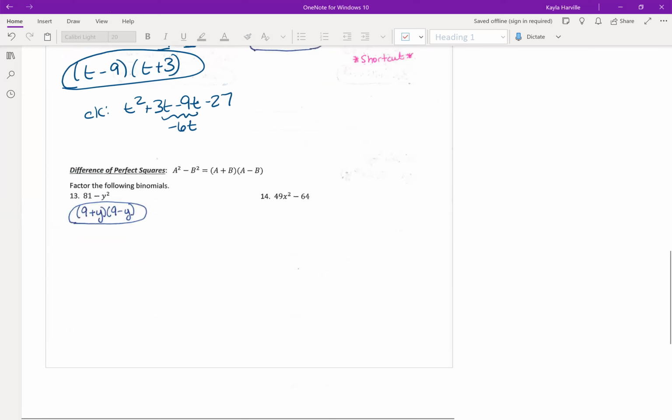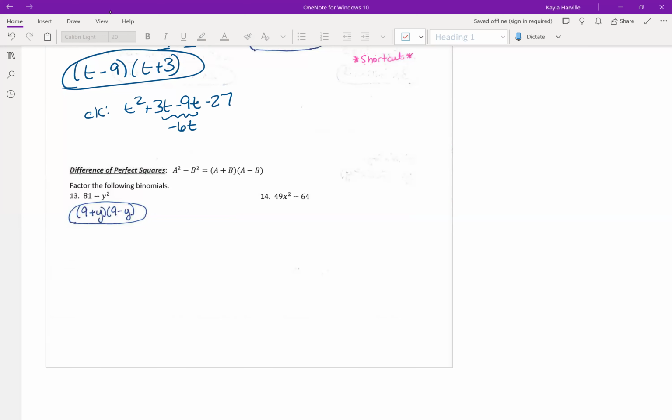Difference of perfect squares. That just means that your first term and your last term are perfect squares and there's a minus sign between. So what we do is we take the square root of each of those terms, and because there's a minus sign, we're going to have a plus sign in one set and a minus sign in the other.